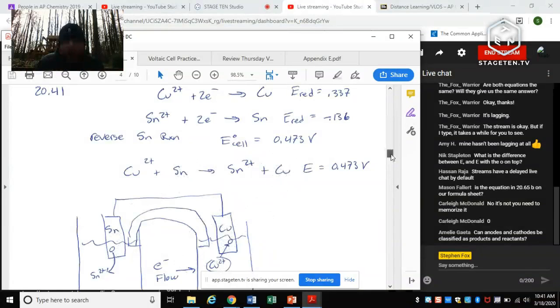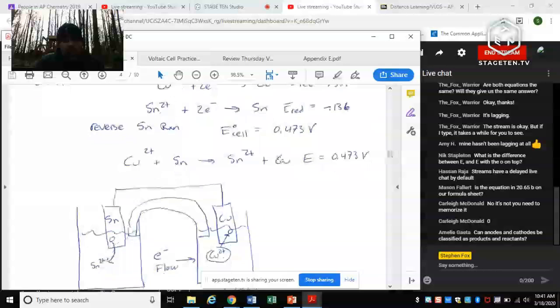Okay. Now, if you don't have a solid, let's look at this reaction. Let's say instead of copper 2+ yielding solid copper, what if it's copper 2+ yields copper 1+? It would still be reduced, 2+ to 1+, but I wouldn't have a solid. I would have an aqueous ion, like if this was copper 1+, right? So that's when I would decide to use platinum as my electrode here instead of copper, because I didn't have any solid copper.